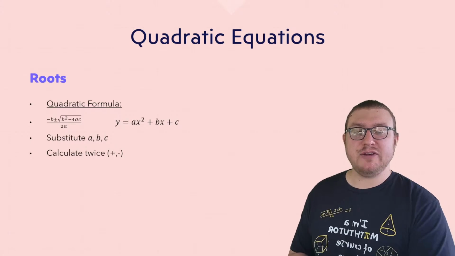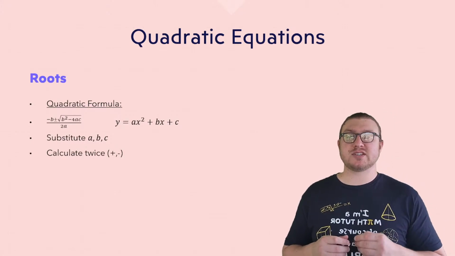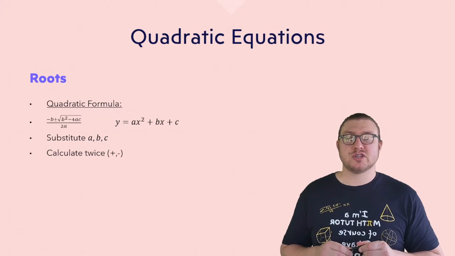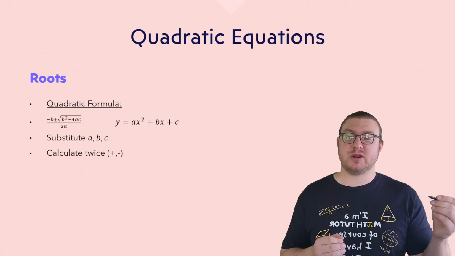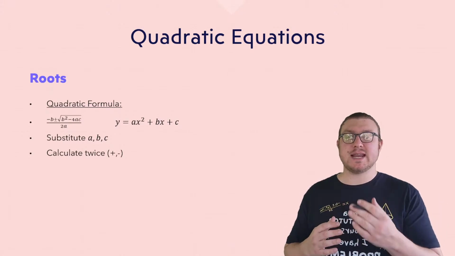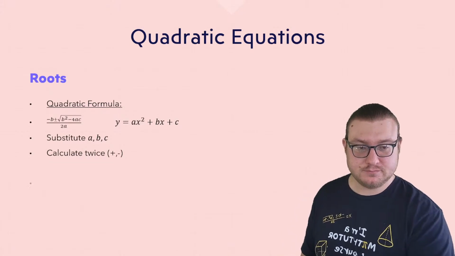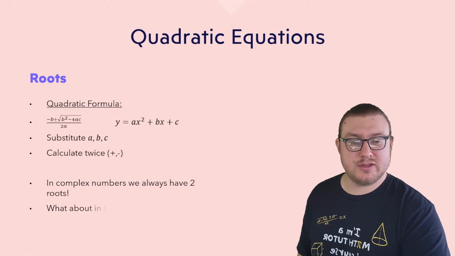Be careful, you have to do this in the calculator twice, because there's a plus and a minus in front of the square root sign. First put it all in the calculator with plus the square root of whatever, find the answer, and then do the same again with minus the square root. And we don't need to do the complex number part.